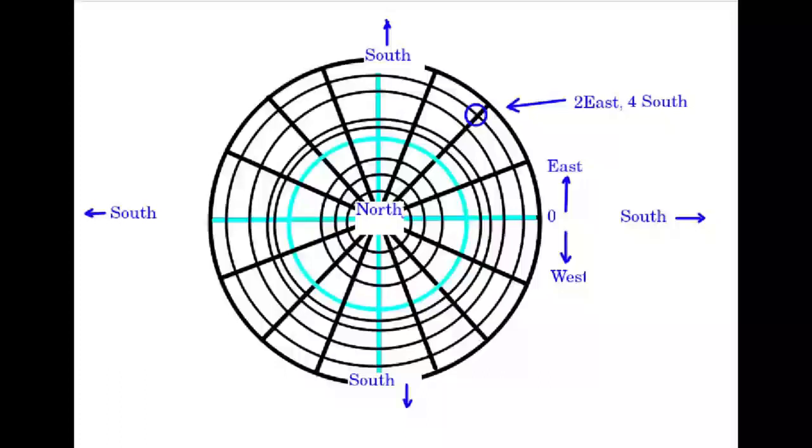The Gleason's design is drawn on a circle and it is scaled on the longitude lines. In this case, 2 east, 4 south.